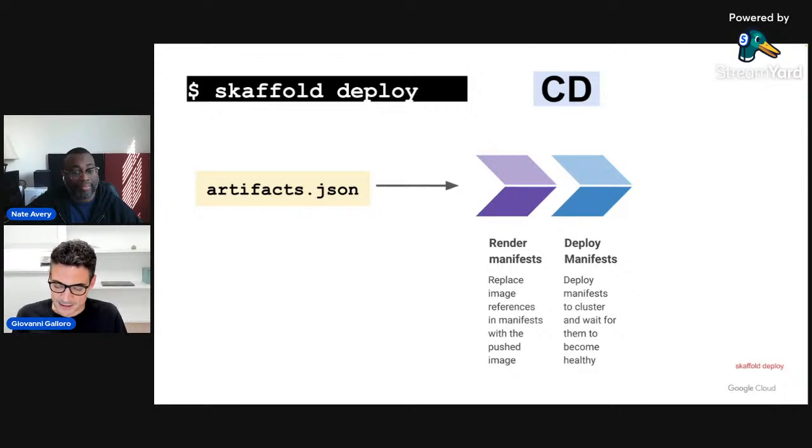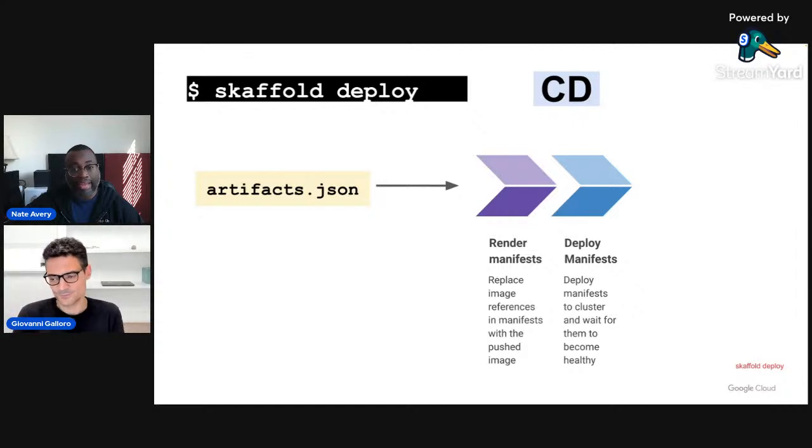It means that it takes the base manifest that is inside your repo, as in our example, where we already had it in the repo. In real life, maybe a base manifest is provided by a platform team, as part of the structure that a platform team provides to their developers, and hydrates that with the specific image tag that comes from your artifact JSON. Okay, and this is the render process.